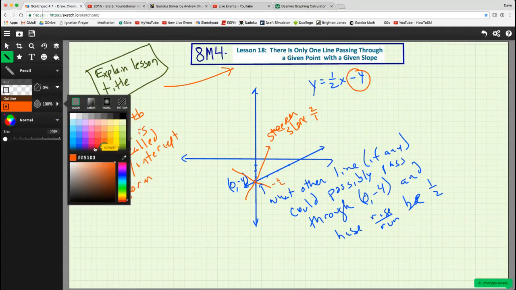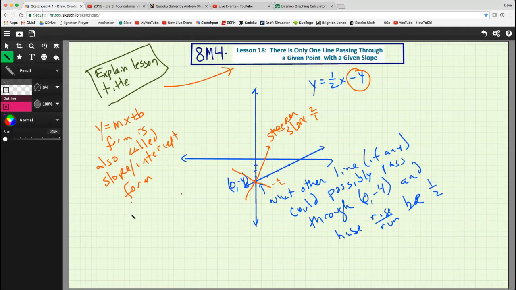And the reason is because this is our slope and this is our intercept, and they are written into the equation form. So anytime it says y equals mx plus b, I have the slope and the intercept written for me, and so they call it slope intercept form.